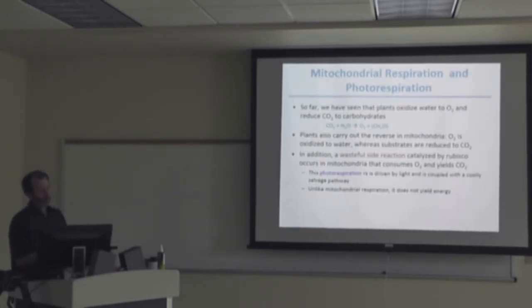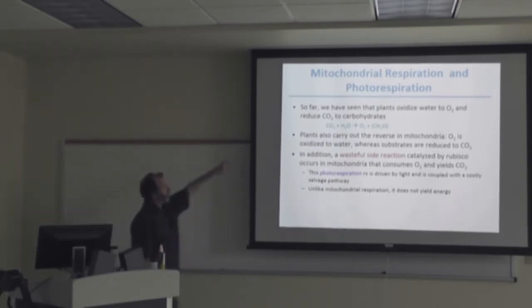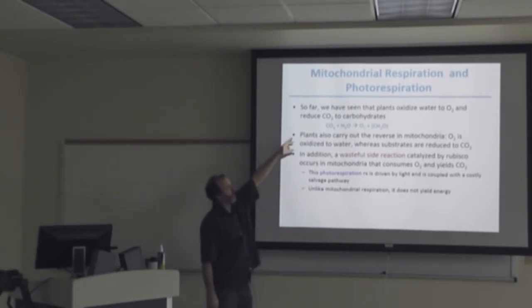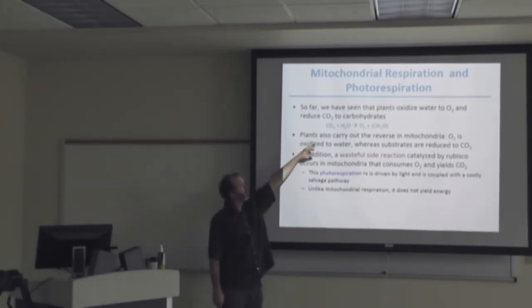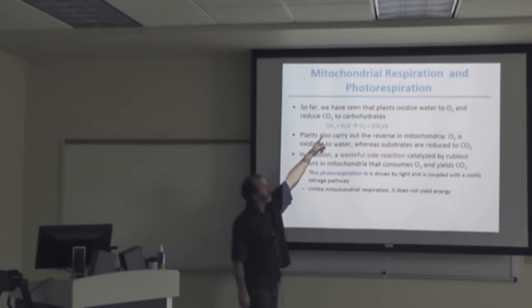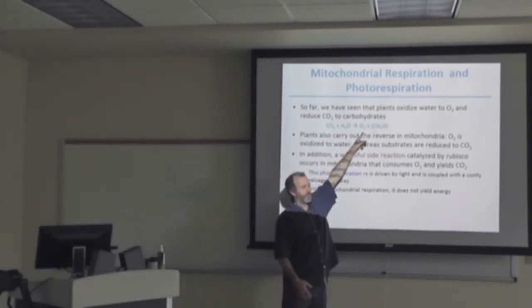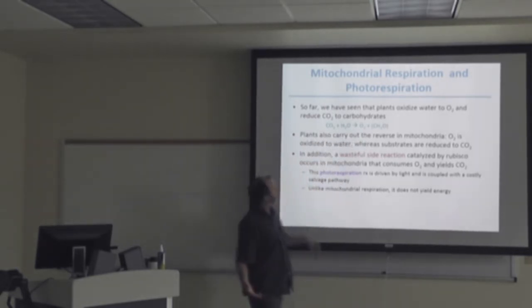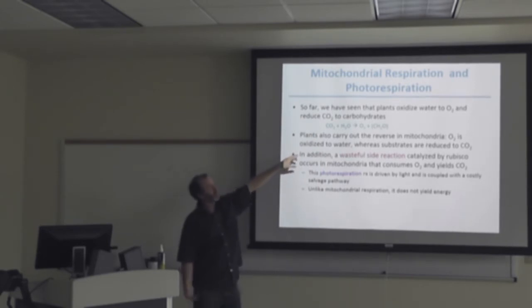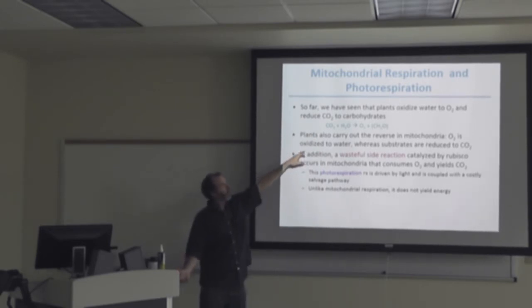So, mitochondrial respiration and photorespiration. So far we've seen that plants oxidize water to oxygen and reduce carbon dioxide to carbohydrates, right? So that's what we do for photosynthesis and carbon assimilation. Plants also carry out the reverse in the mitochondria, where oxygen is reduced to water, whereas substrates are oxidized to carbon dioxide, just like we do, right?